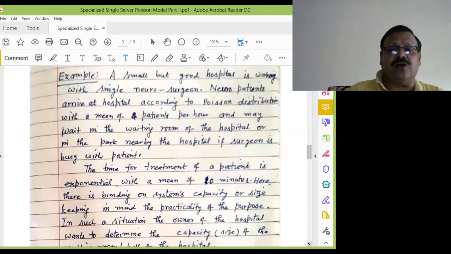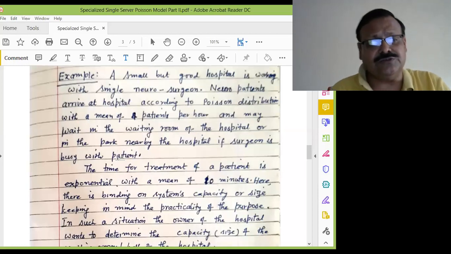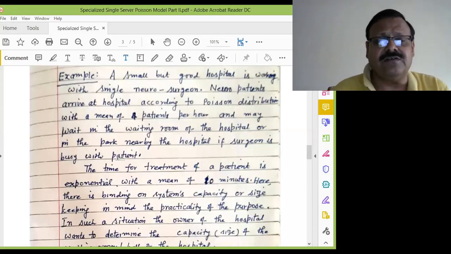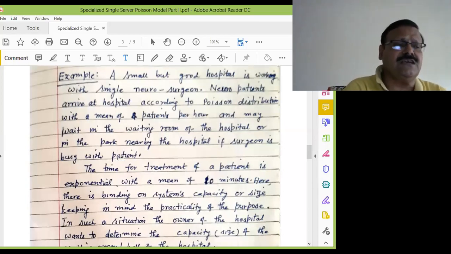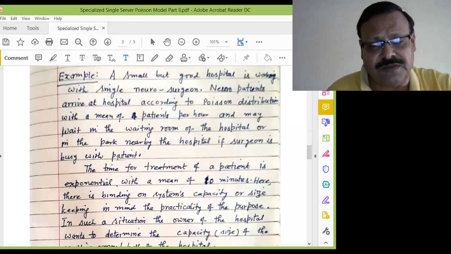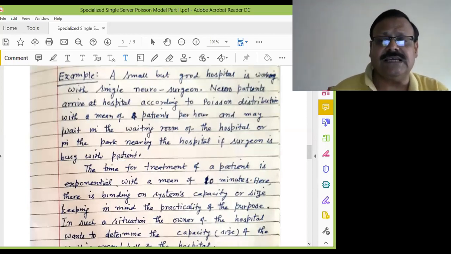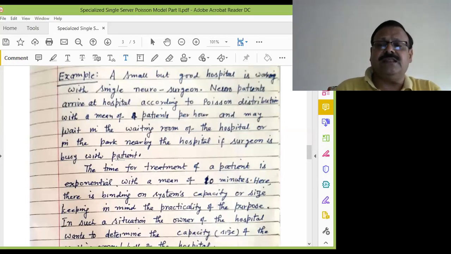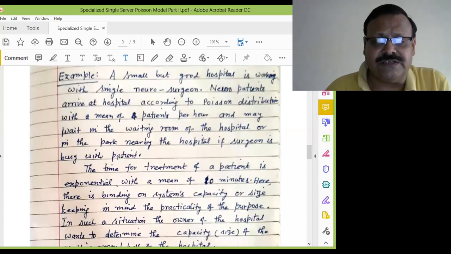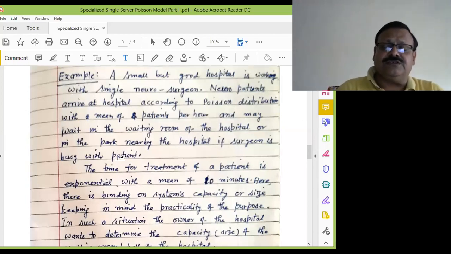So look at how we can apply the concept of queuing theory to efficiently manage the queuing system. We provide the knowledge as a tool to the manager and the owner, so that they can improve their system in the interest of society and of the service providing system. We are not the manager to change it. We are just experts to provide the feedback.